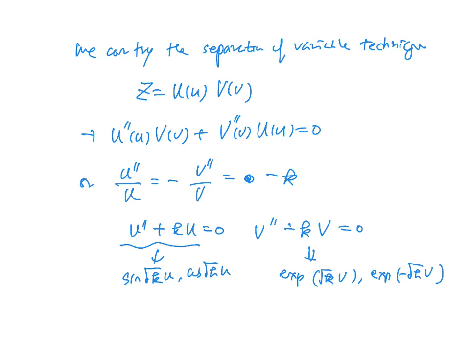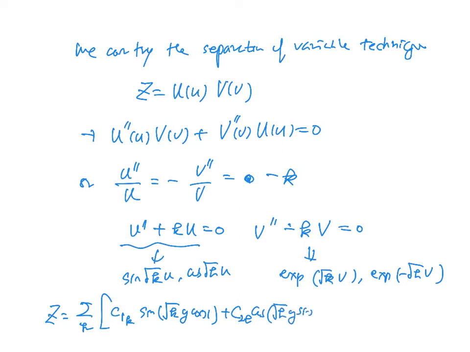So the general solution is something like this. Sum over k c1k sine root 2k y cosine x, c2k cosine root 2k y sine x, times t1k exponential root 2k y sine x cosine x, or sine x.